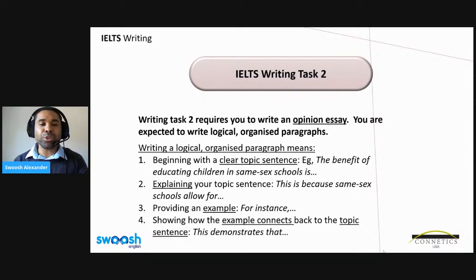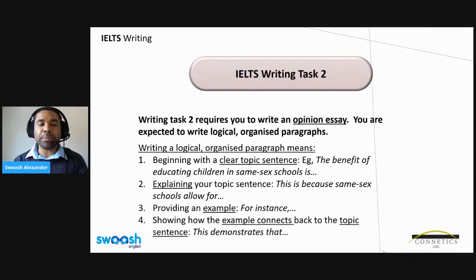We would then move on to explaining the topic sentence. That would be the second stage. So we've already stated in the first sentence that the benefit is, and then it could be any benefit, that children are more likely to concentrate, for example.